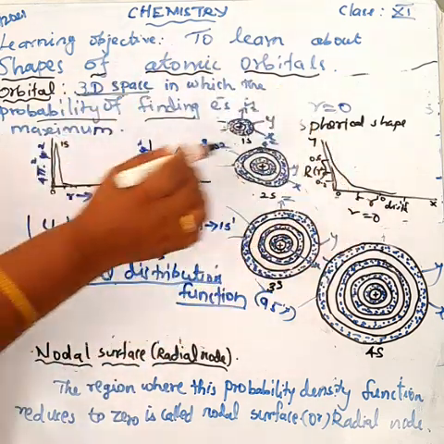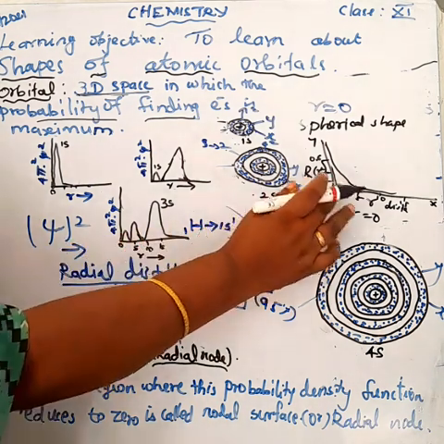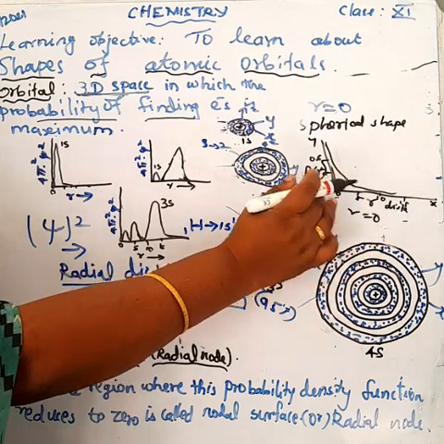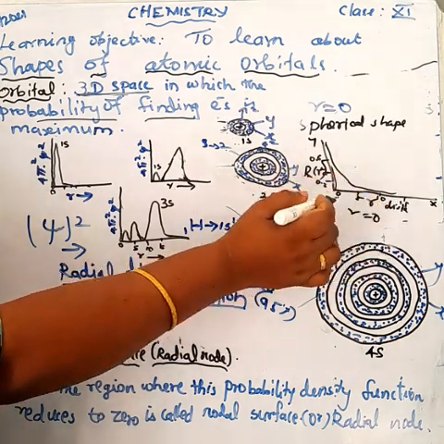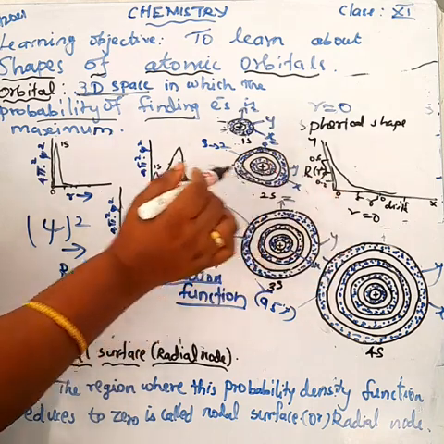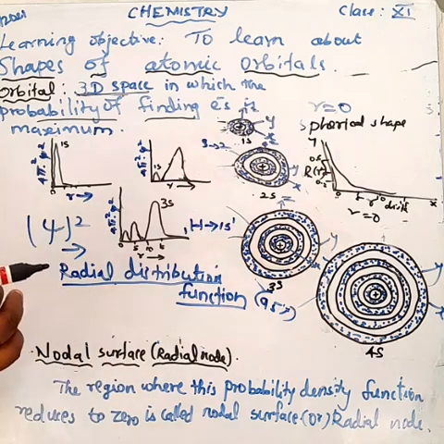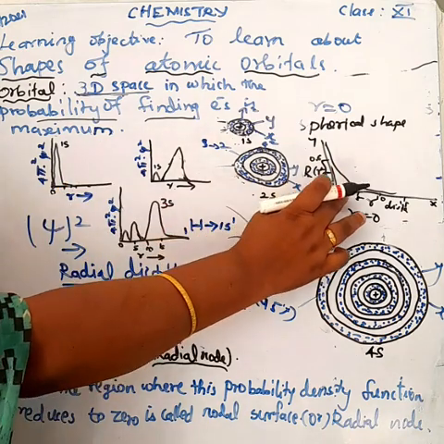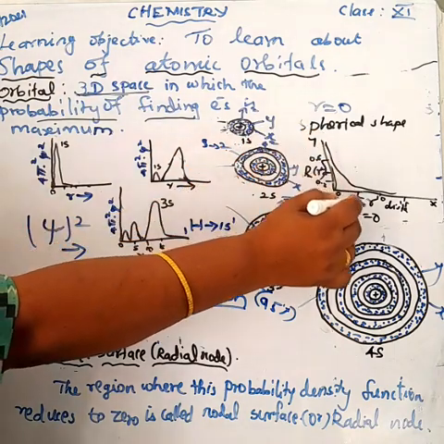When the distance gradually increases, the maximum probability of electrons decreases. When the distance increases, the probability gradually decreases.